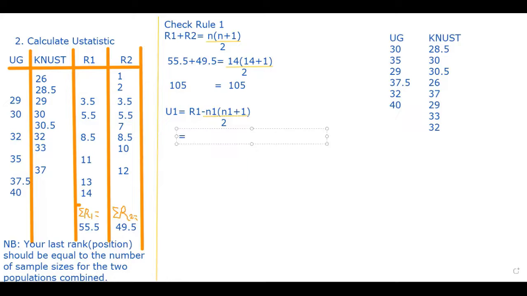So it will be 55.5 minus N1 is 6, 6 times 6 plus 1 over 2. What will be the answer? The answer is 34.5. 34.5. Good. Now let's move on to solve the U2.